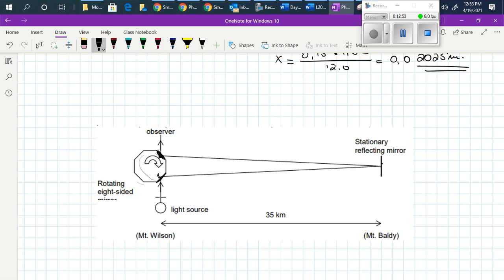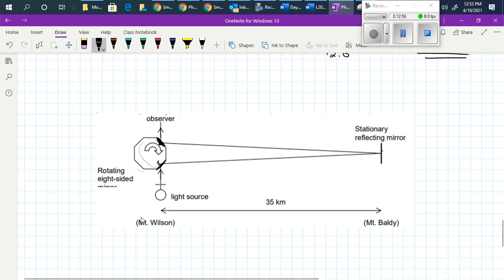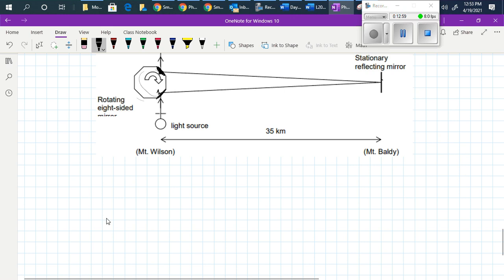So in this case, the speed of light is equal to 2 times the distance between the two mounts, in this case between the sided mirror and the reflective mirror, times the frequency of the rotation times the number of sides that the sided mirror has.